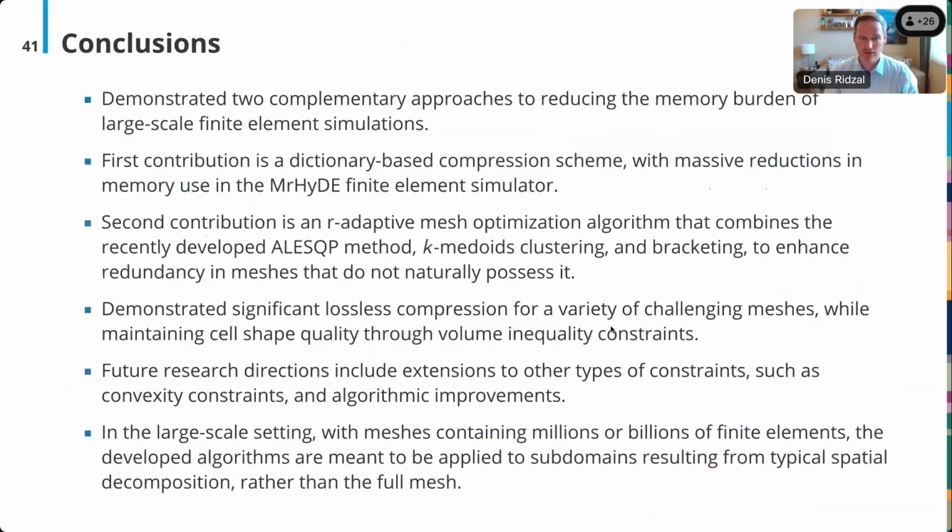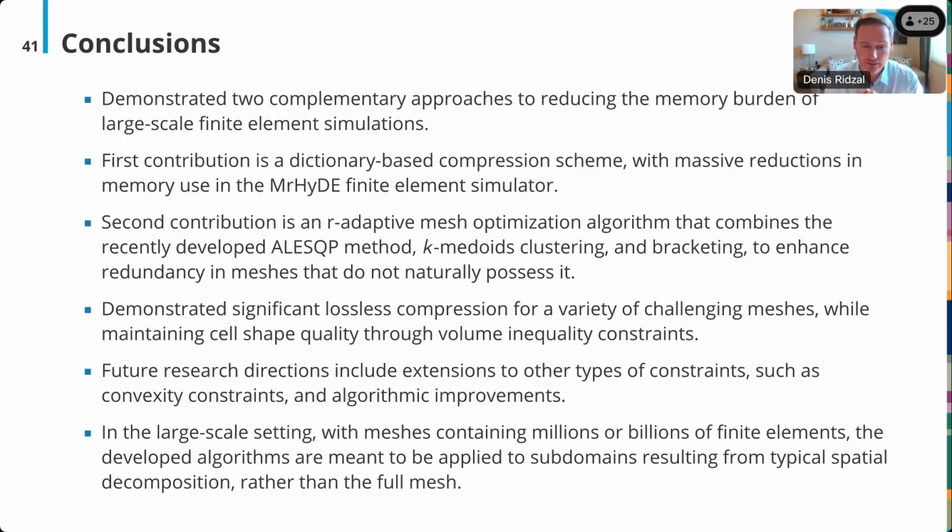Right, and then to conclude, we've demonstrated 2 complementary approaches that reduce the memory burden for finite element simulations. The first contribution was this dictionary compression scheme, and we've seen very large reductions in memory use with the Mr. Hyde finite element simulator. The second contribution is the R-adaptive mesh optimization.